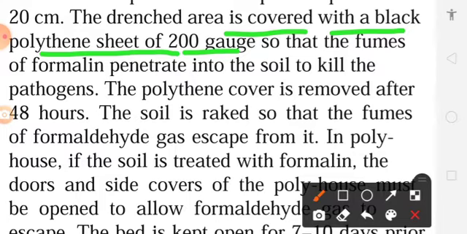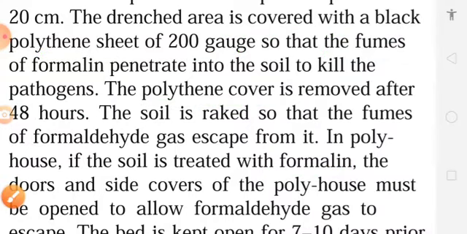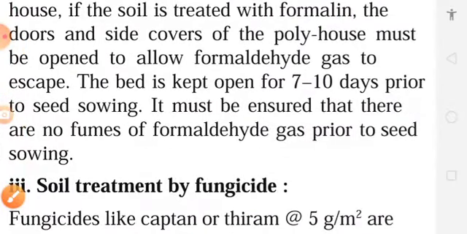That will also cause fumes, and these will penetrate into the soil and kill the pathogens. This polythene cover should be kept up to 48 hours, meaning 2 days. That will help to kill all or most of the pathogens. So formalin is very important in chemical treatment of soil for sanitization or sanitation.